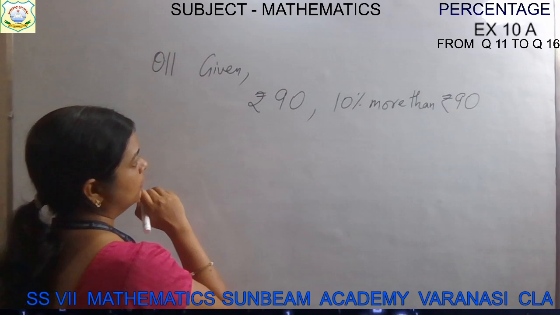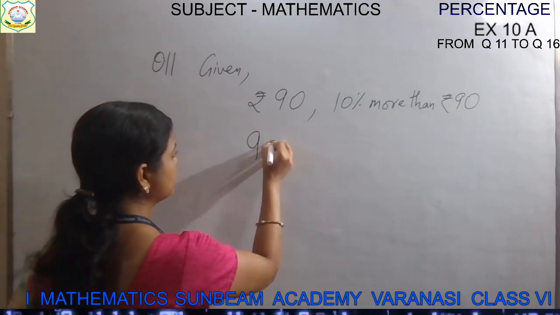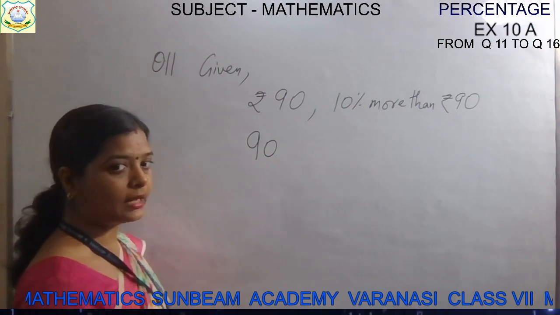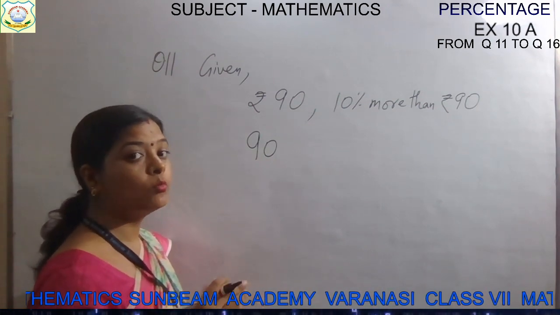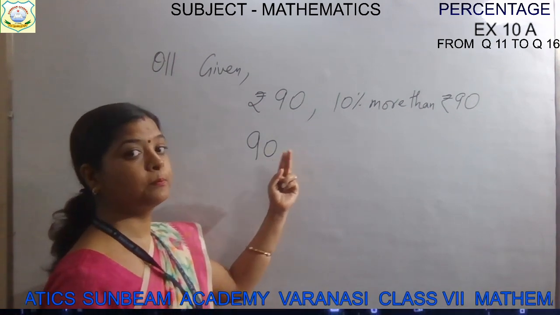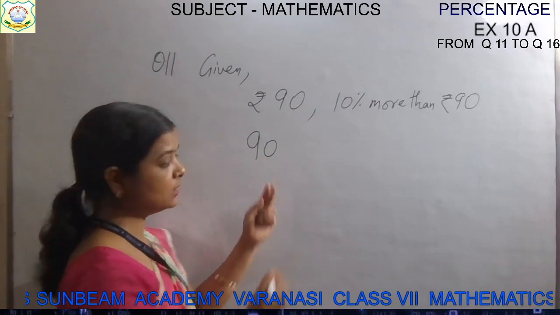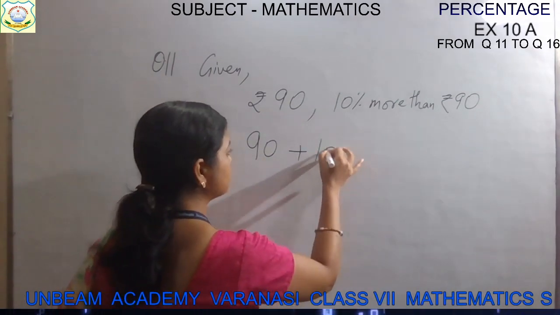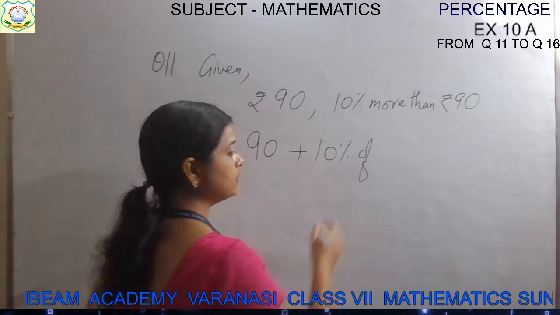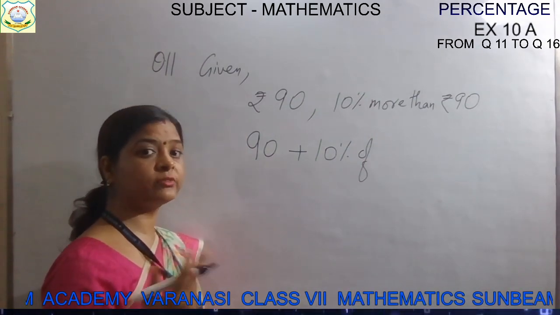So how will I solve? I am having 90 rupees, children. And that person is having 10% more than what I am having. 90 rupees plus, he is having more. So 90 rupees plus 10% of which? 10% of 1 rupee or 10% of 1000 rupees?